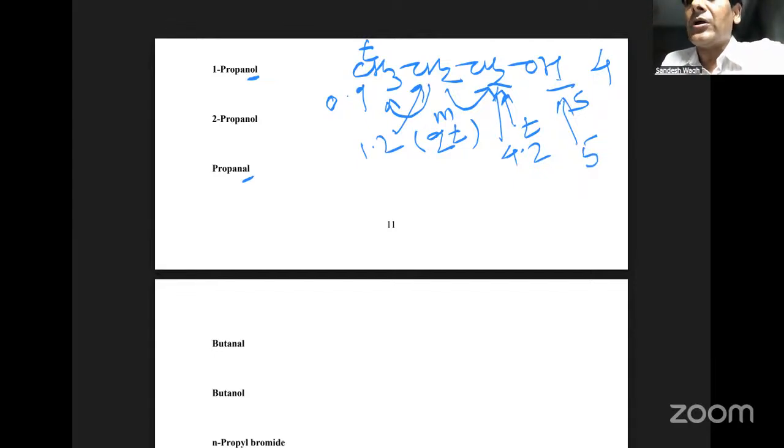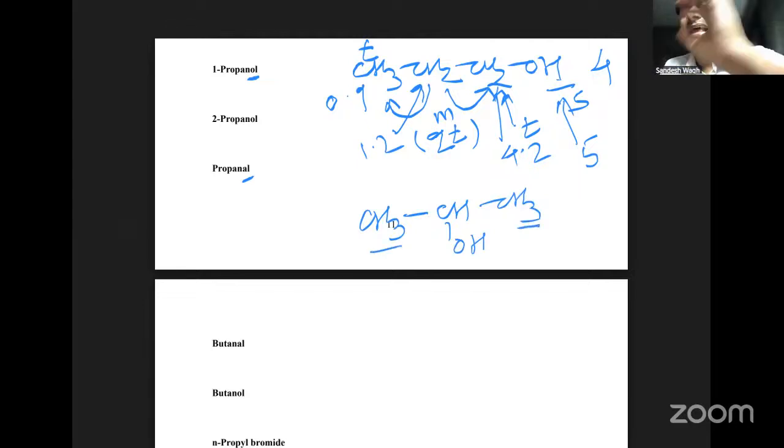Now 2-propanol. This 2-propanol has symmetry. Symmetry means this CH3 and this CH3 will have exactly the same field, so this will be referred to as AA. You will have one signal for both, but the integral height will be more for that number of protons. This CH3 is nearby 1 proton, so it will be doublet. But the CH proton is nearby 3 plus 3, 6 protons, 6 plus 1, septet.